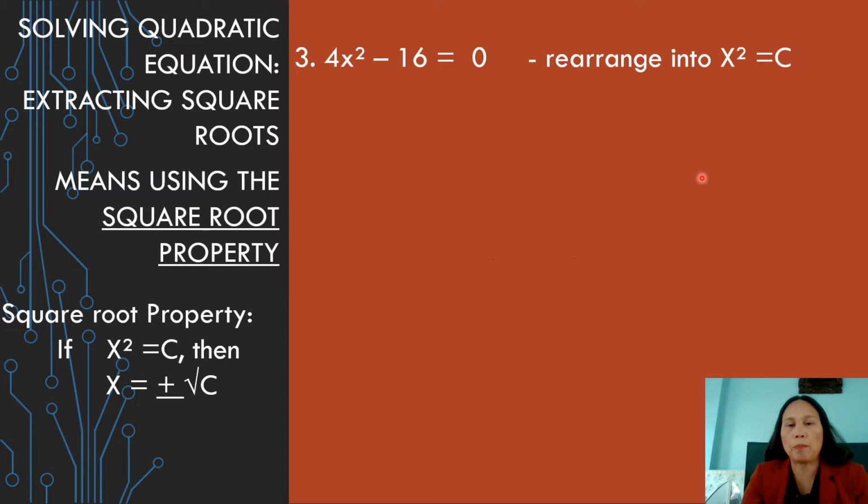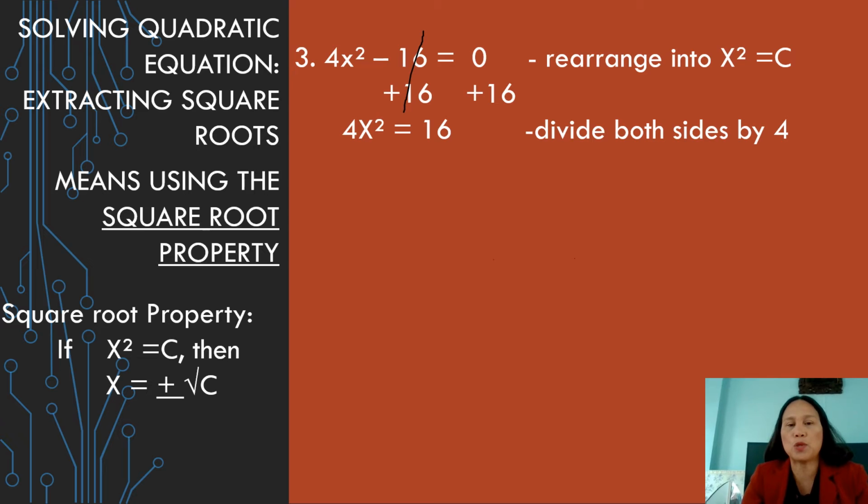By applying the properties of equality. First, we need to remove negative 16. By doing that, we can add 16 on both sides of the equation, and this is equal to 0. And what is left now is 4x squared is equal to 16.